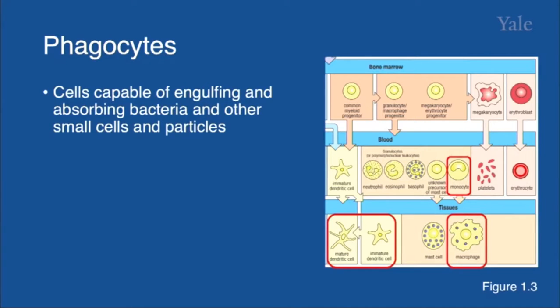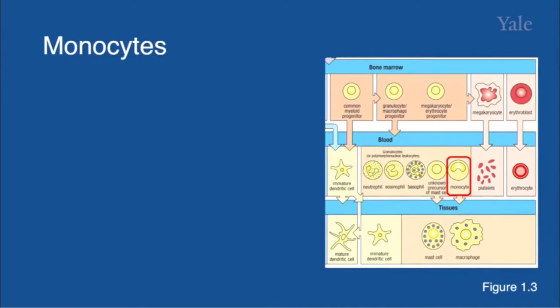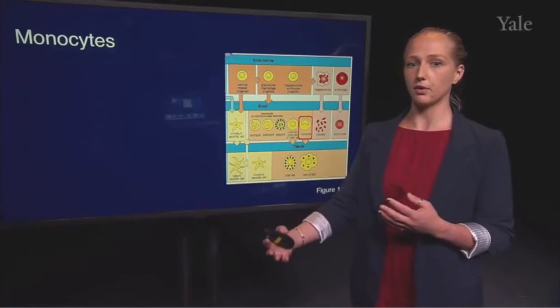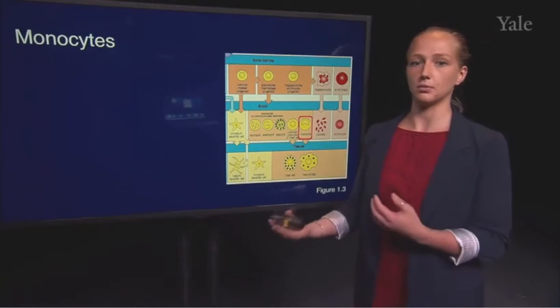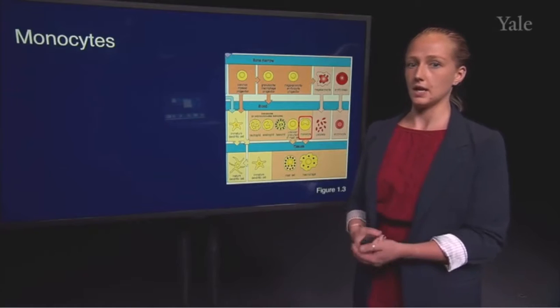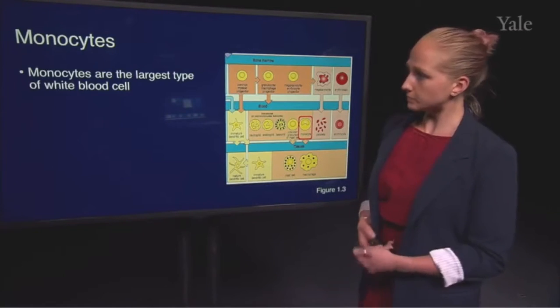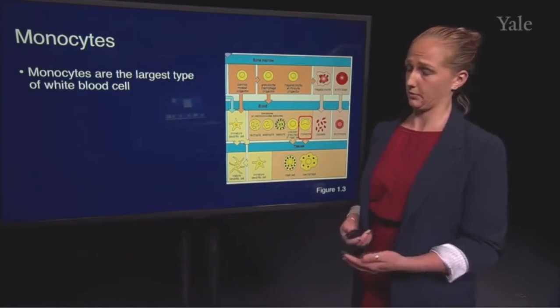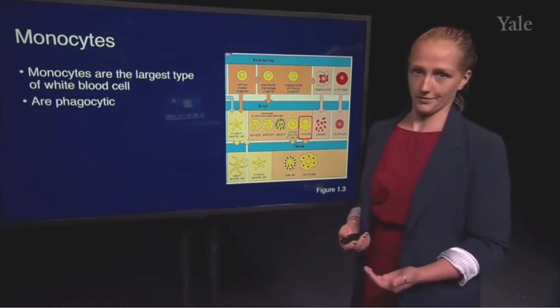Now let's start with monocytes. Monocytes develop in the bone marrow, and just like our mast cells, they're not mature when they leave the bone marrow. They head out into the bloodstream, where they can encounter parasites and pathogens, and they're the largest type of white blood cell that are phagocytic.